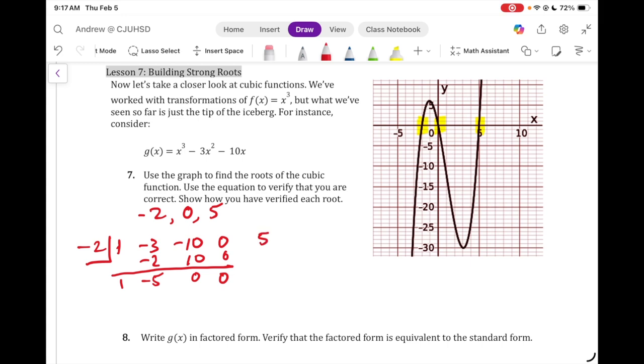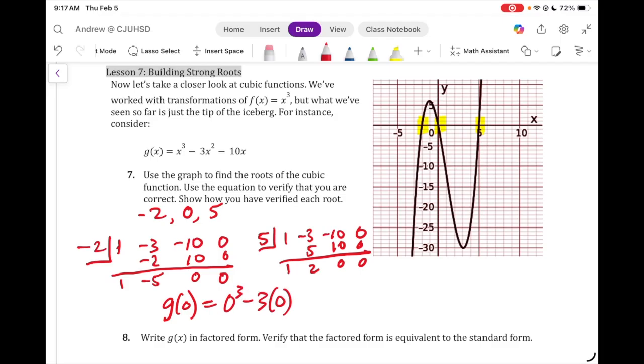If I use 5 with 1, negative 3, negative 10, and 0, I get 1, 2, 0, 0. What about 0 itself? Well, obviously, if you get g of 0, then that's going to be 0. 0 cubed minus 3 times 0 squared minus 10 times 0 is 0.